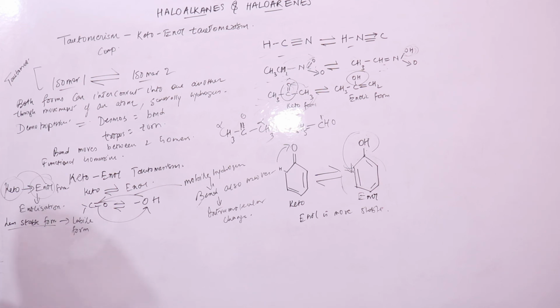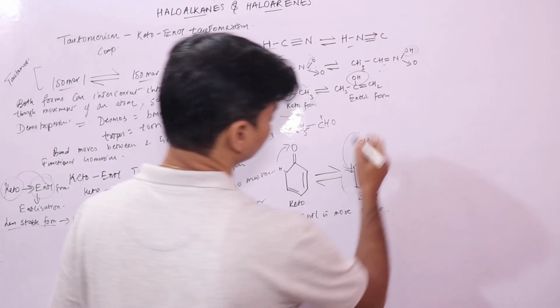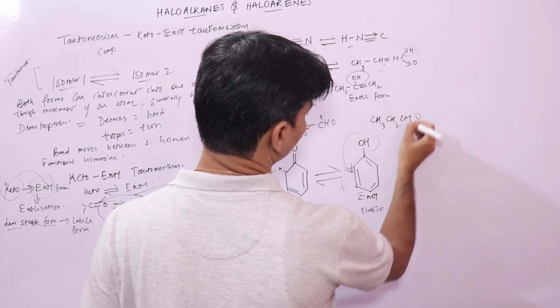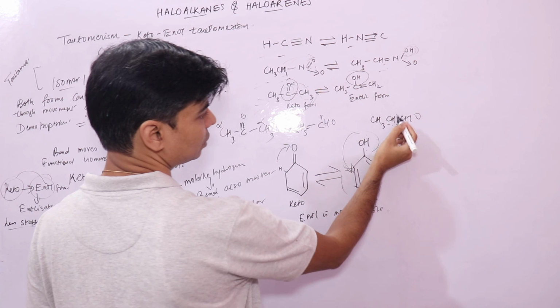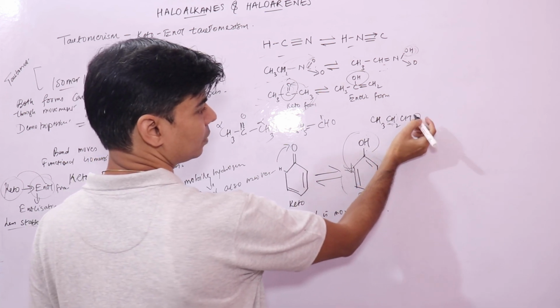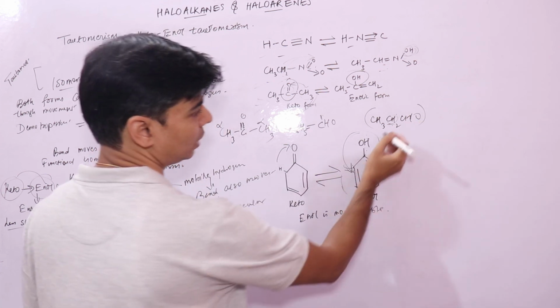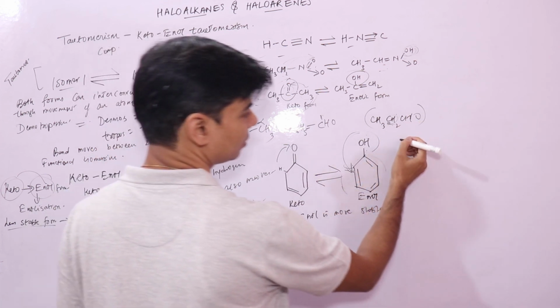For example, it is not possible in C6H5CHO, but it is possible in CH3CH2CHO. In this, these are your alpha hydrogens. So keto-enol tautomerism is possible in this compound because you have alpha hydrogens at this carbon.